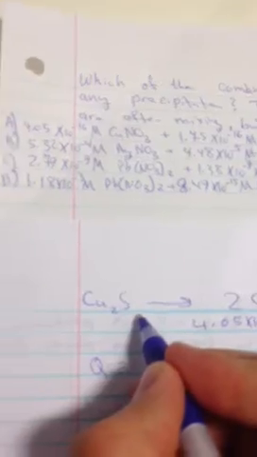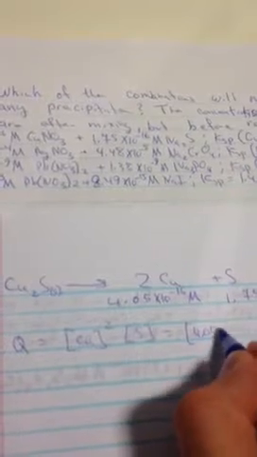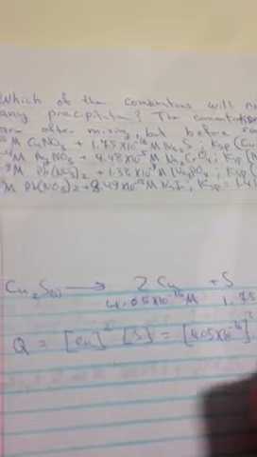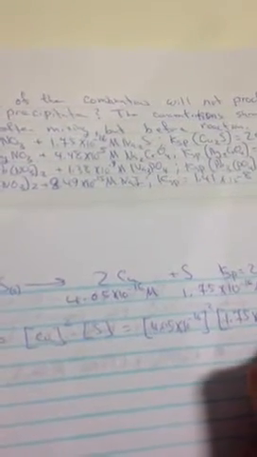So we're going to calculate Q. Q equals, this is a solid, let's not forget, so it equals the concentration of Cu, and we square it, and then we multiply it by the concentration of S. So this equals that concentration squared multiplied by the concentration of S, 7.5 times 10 to the negative 16.